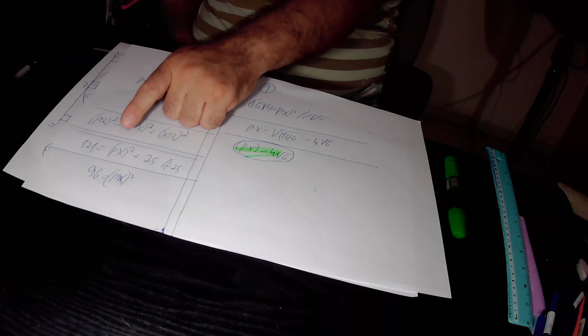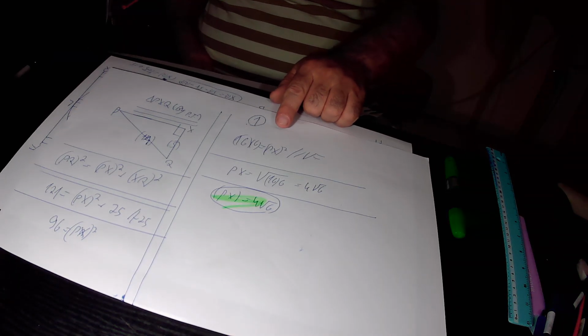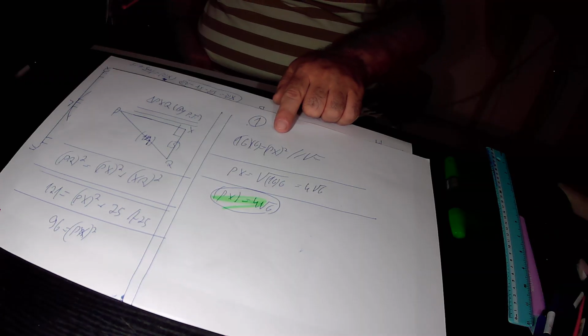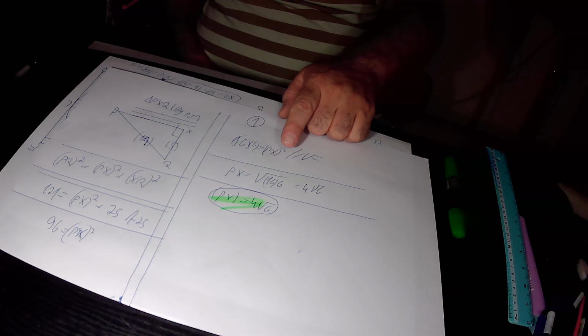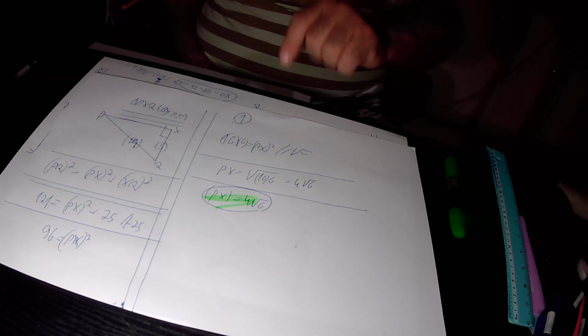Here we substitute 96 by 16 times 6, so 16 times 6 equals PX squared. Here we take the square root of this equation, and we find that PX equals the square root of 16 times 6. The square root of 16 is 4, so inside the root we leave only 6. So in total we find that PX equals 4 times the square root of 6 units in its length.